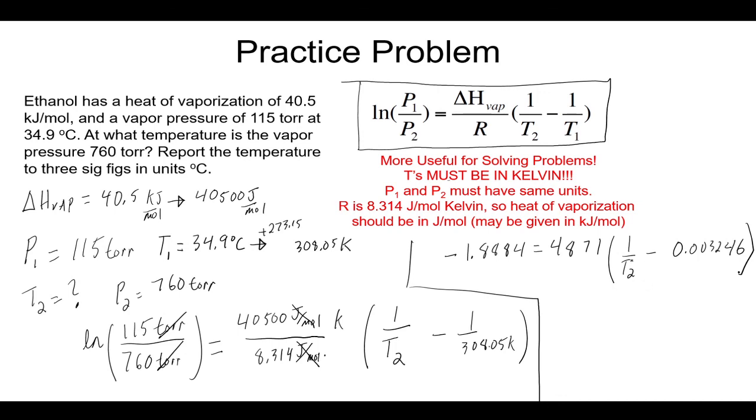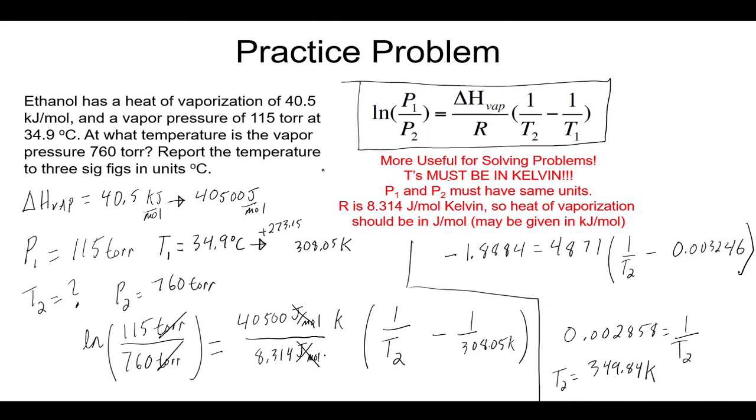And I'm just solving for T2. We're dividing both sides by 4871. We're then adding this to the other side. All of that in the end gives you a number like 0.002858 equals 1 over T2. So T2 is 349.84 units Kelvin.